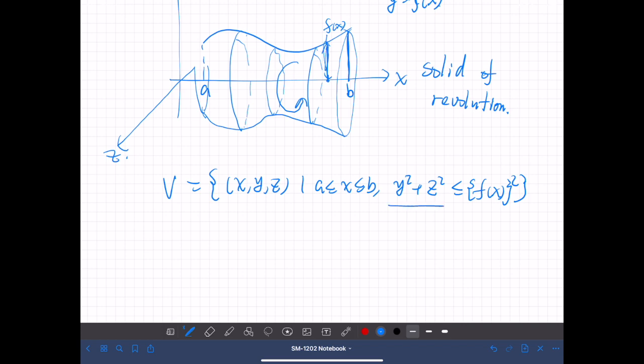So that will be described by this equation of a circle, or rather the inequality of a disk. So the distance from the x-axis is less than the value of f of x.